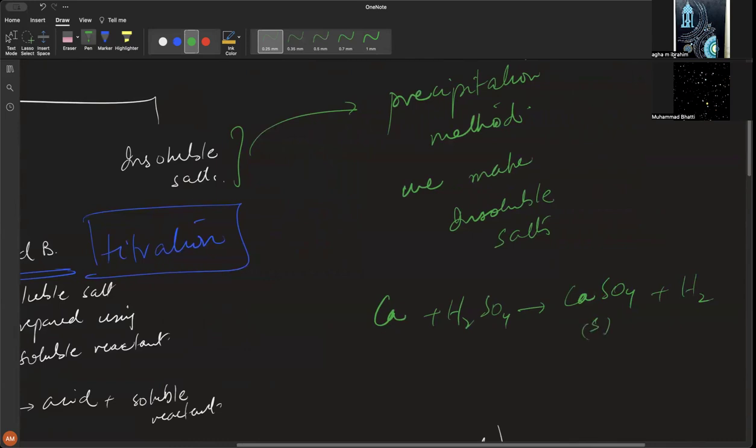This is solid because this is insoluble. You understand? So you're going to see a precipitate, a cloud forming inside the test tube. Is this clear?